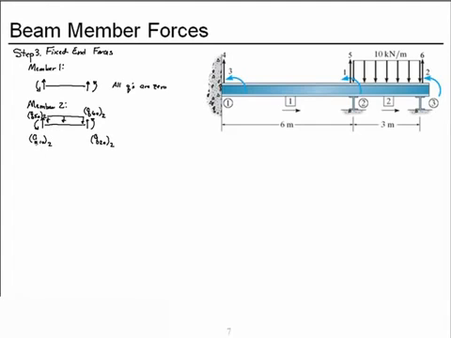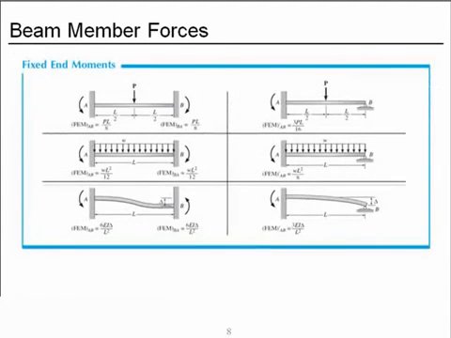Now, to calculate these moments, let's look inside the back cover of our text. Fixed, fixed, with uniform distributed load, has moments that are omega L squared over 12 on each end. On the left end, they're counterclockwise. On the right end, they're clockwise.